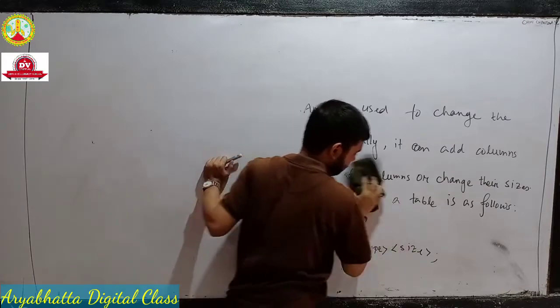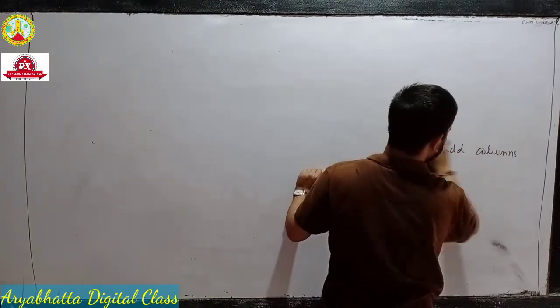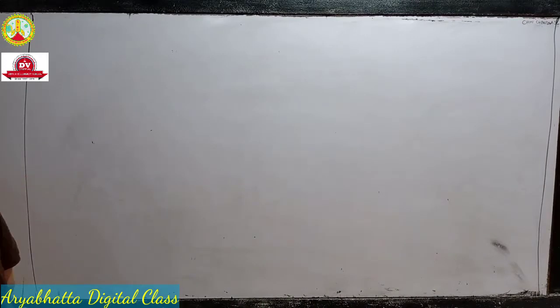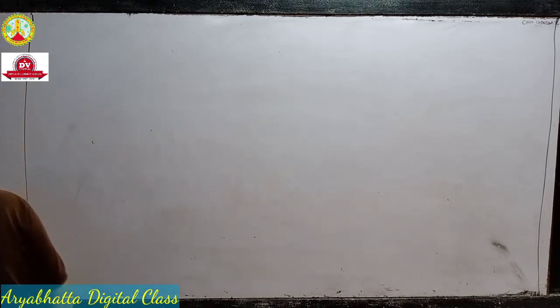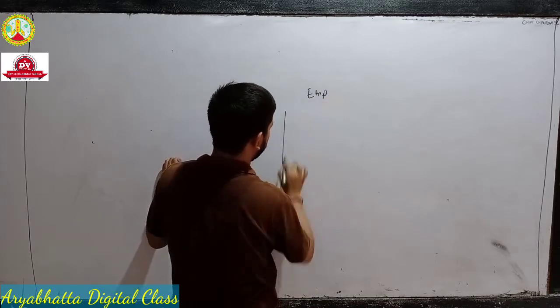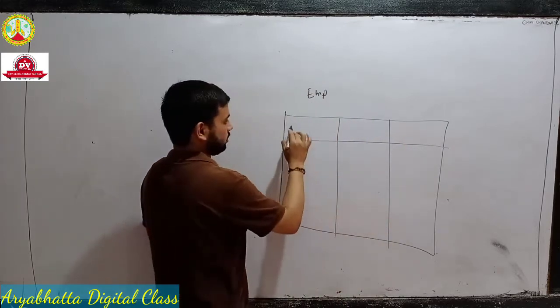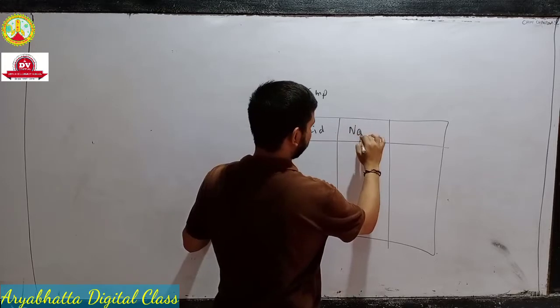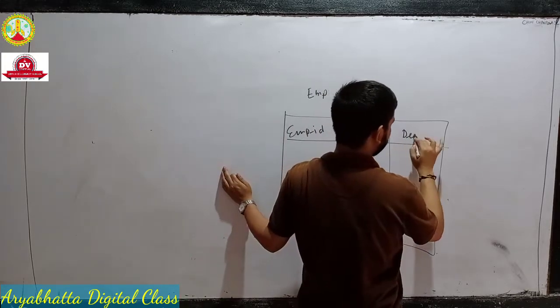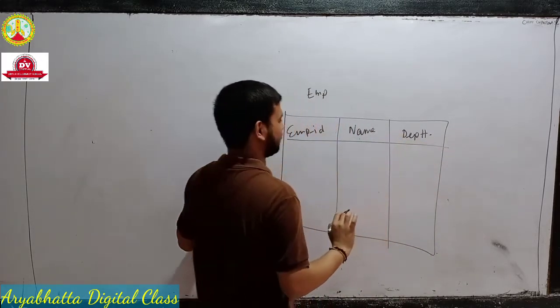Suppose there is a table employee, and suppose there are three attributes: employee ID, employee name, and department. These are integer, character, and character.